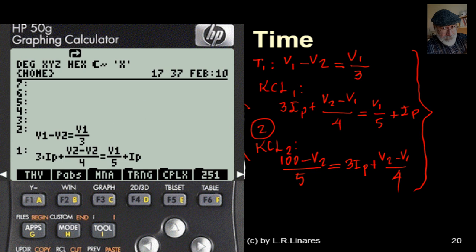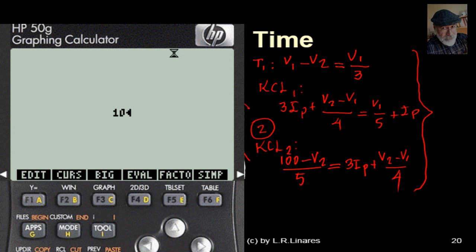Enter. Let's go for the third equation. Back to the equation writer: 100 minus V2 divided by 5 equals 3 times IP plus V2 minus V1 divided by 4. And then enter, and we have the three equations.